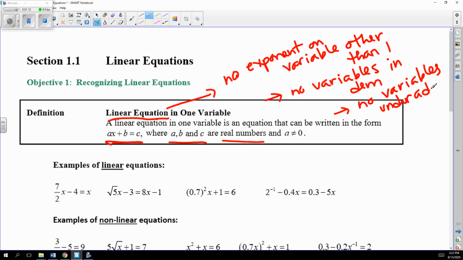And it would also have no variables with a negative exponent. I'm not even going to write that again, because you should not have any variables with negative exponents.